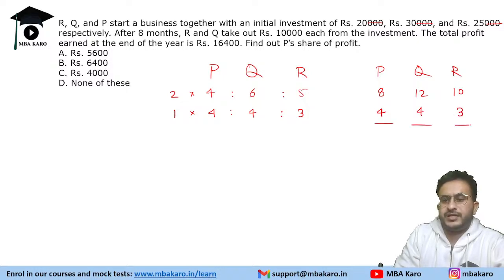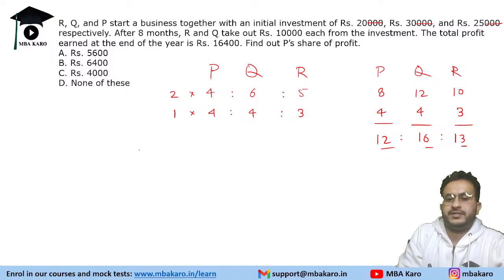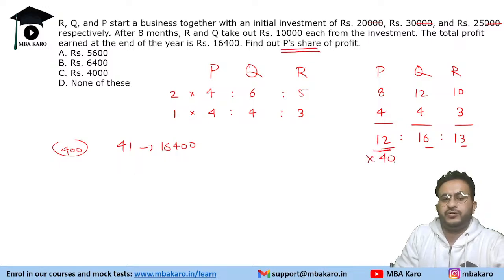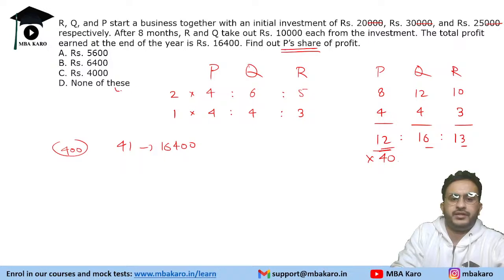Adding, we get 12, 16, 13, so 28 plus 13 is 41 parts. 41 parts is 16400, so one part is 400. We need to find P's share. P's share is 12, 12 into 400, that is 4800.